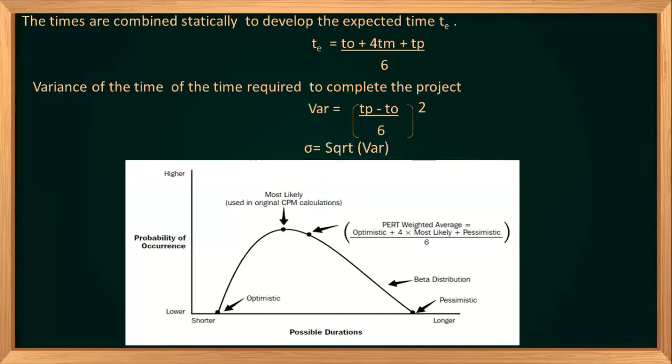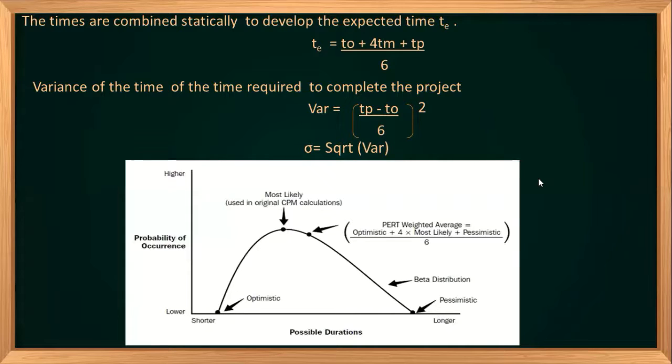In those cases, the activities in the critical path are taken, their variances are added, and the root is taken to compute sigma. You can't take the standard deviation of each activity and add them. No, the variances are added, then the square root is taken to get the sigma value.